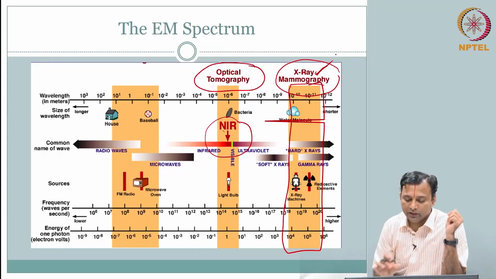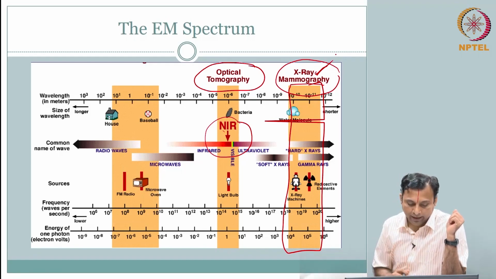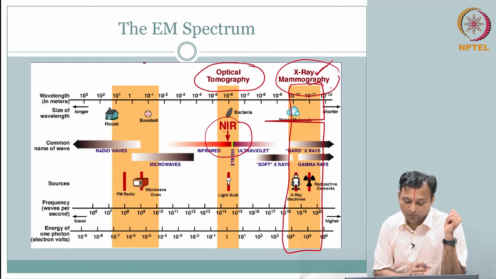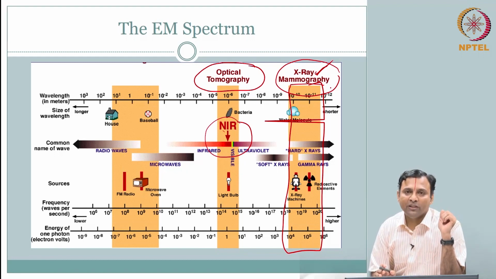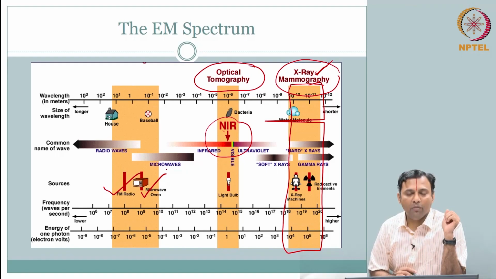Even though I have explicitly outlined only two, you can see that almost the vast majority of the range is used in biomedical imaging. When I say that, some items here are not biomedical, right? I mean, microwave oven, what has that to do with biomedical imaging?